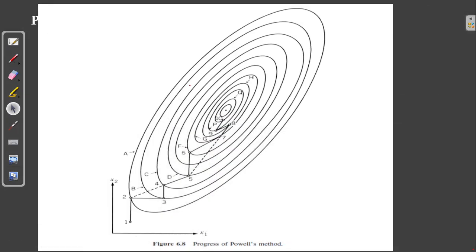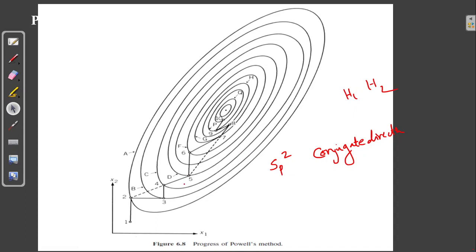In order to generate the second pattern direction, or second conjugate direction, again we should have two hyperplanes, h1 and h2.